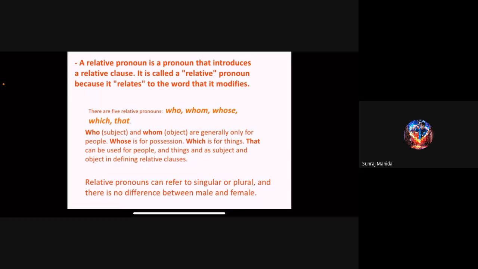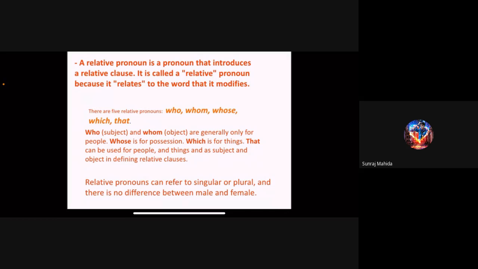Whose is for possession. Which is for things. That can be used for people and things, as subject and object, in defining relative clauses.